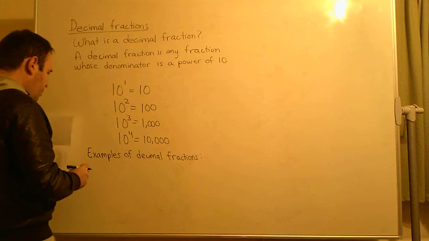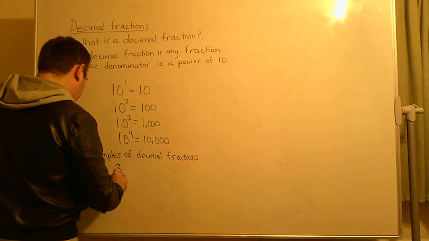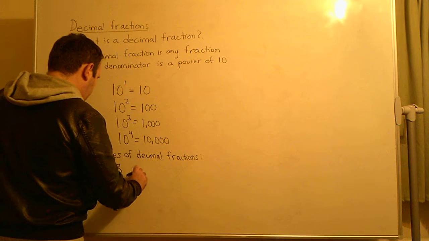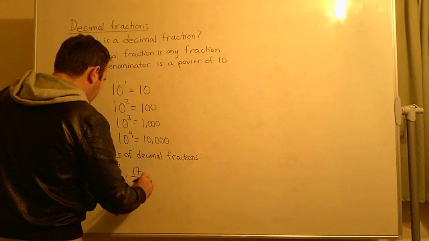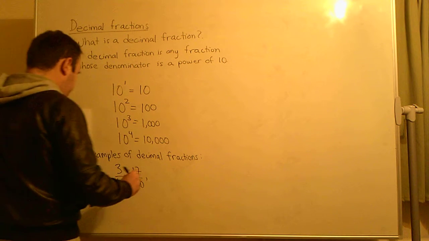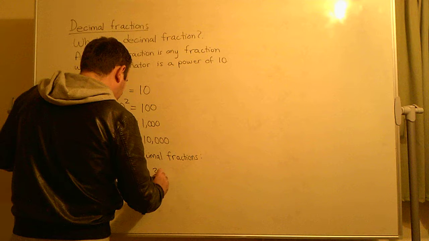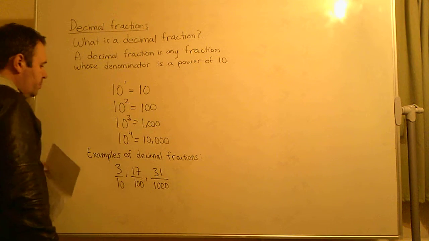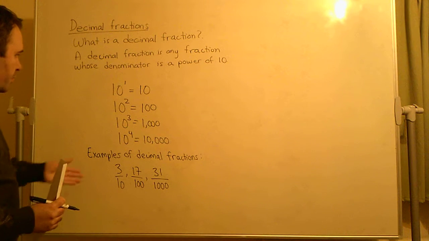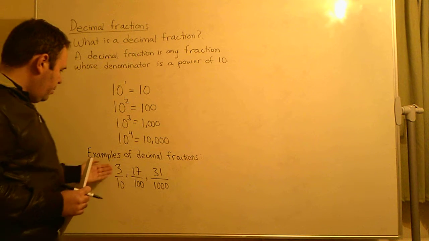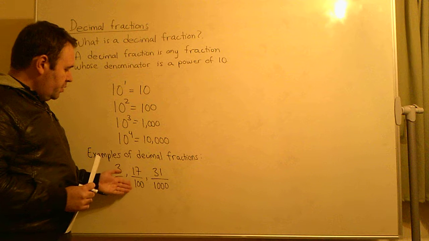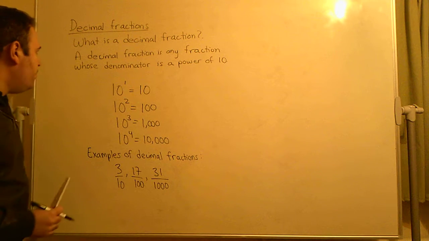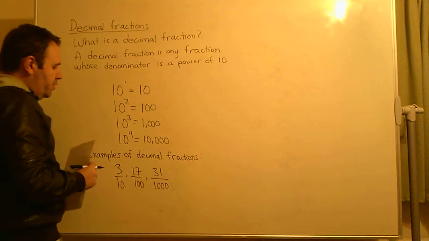So, 3/10, 17/100, or 31 divided by 1000. Yeah? So, 3/10, 17/100, or 31/1000. Yeah? These are all examples of decimal fractions.